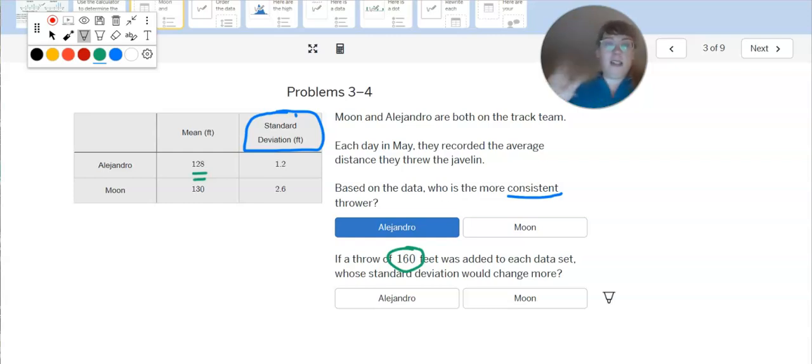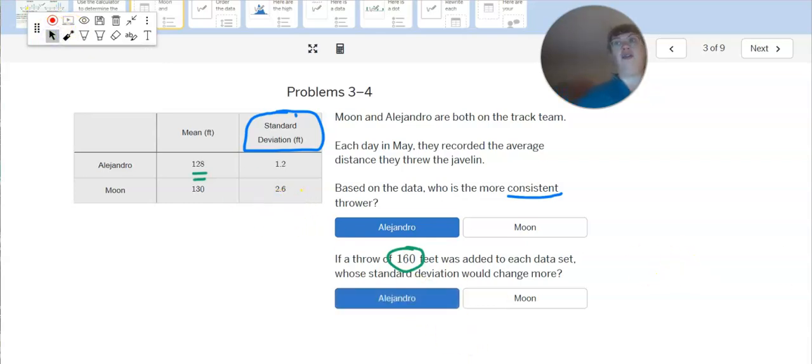That 160 is going to really stretch the standard deviation. It will also stretch it for Moon, but just not as much because their data is already more spread out. So again, this is going to be Alejandro. Okay. And go to the next slide.